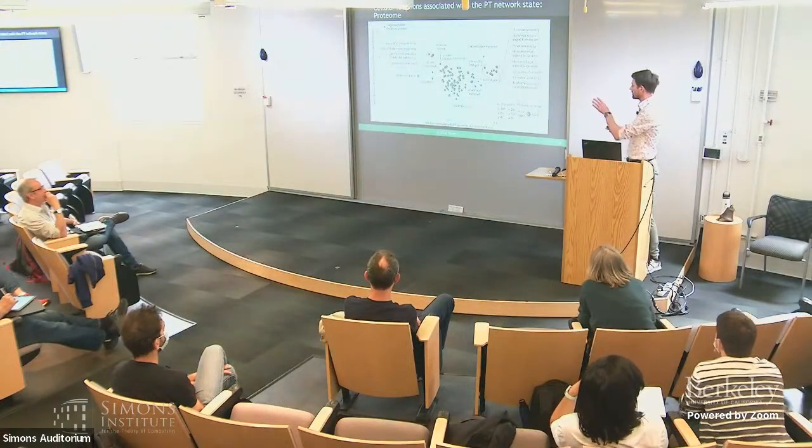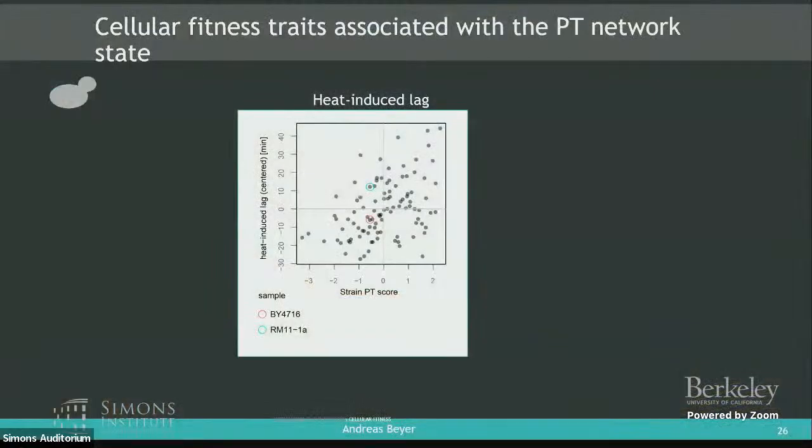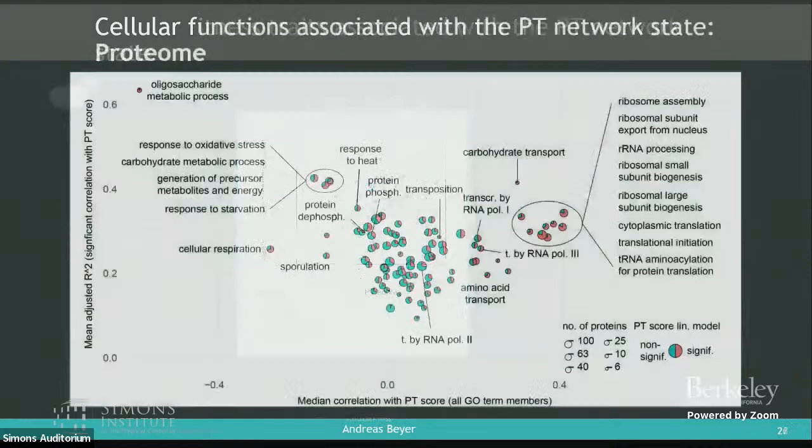Okay, so the take-home message here is, one, the molecular state is majorly determined by the PT score. The heat-induced lag time is also determined by the PT score. And now we come to the take-home message, which is this balancing between different modules going on in the cell, explaining these long-range effects. Here each circle is a GO term, or if you wish, a functional module in the cell.